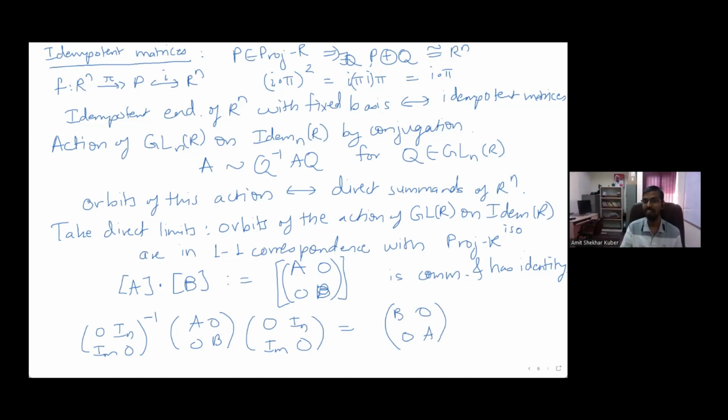So therefore, we have a perfect description of the monoid of isomorphism classes of projective modules. And therefore, we get another description: K0 of R is the group completion of the orbits of Idem R by the action of GL R by conjugation.